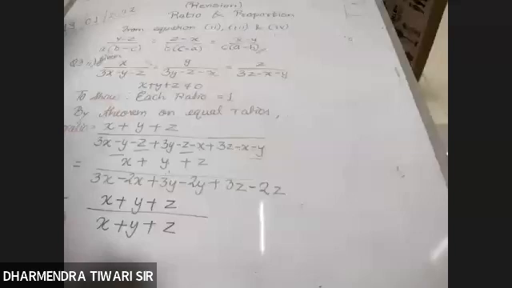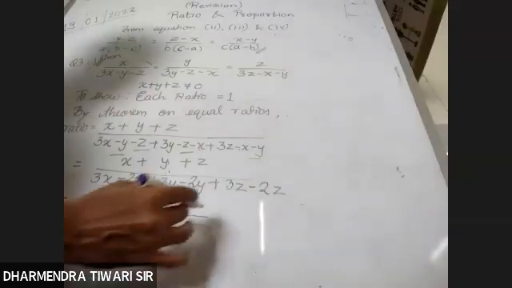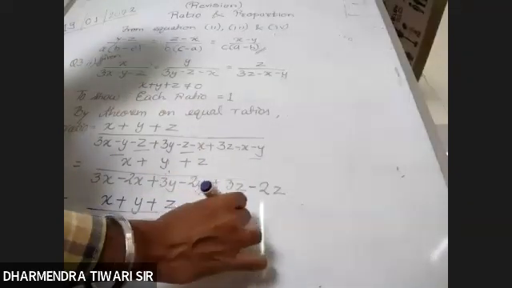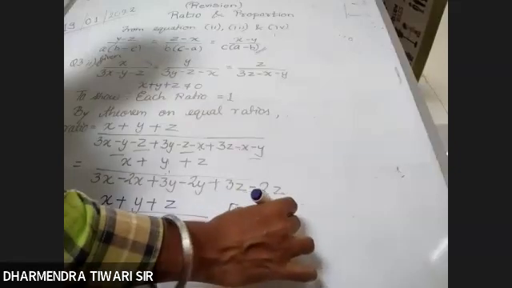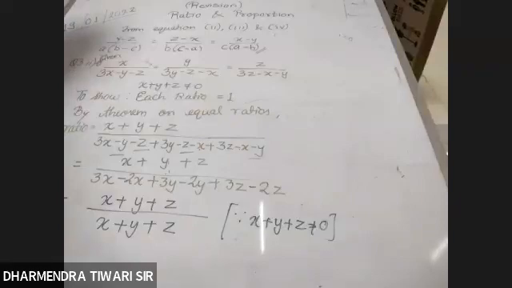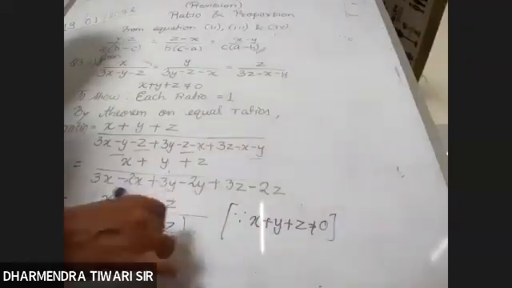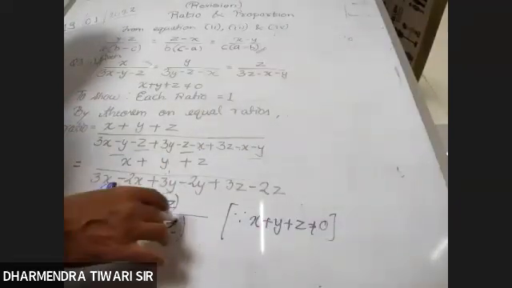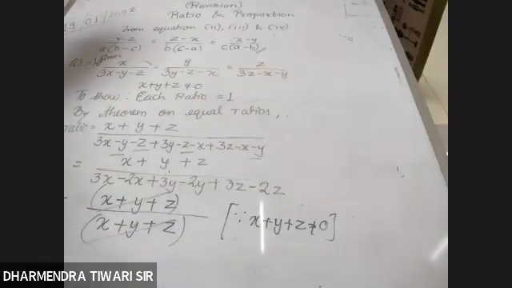Now, as x plus y plus z is present in the denominator, we need to say that the term present in the denominator is non-zero. Why? Because we are going to cancel this. Once you are cancelling any term present in the denominator, you should say that it is non-zero because you cannot cancel 0, and a 0 in the denominator tends our whole term to infinity.